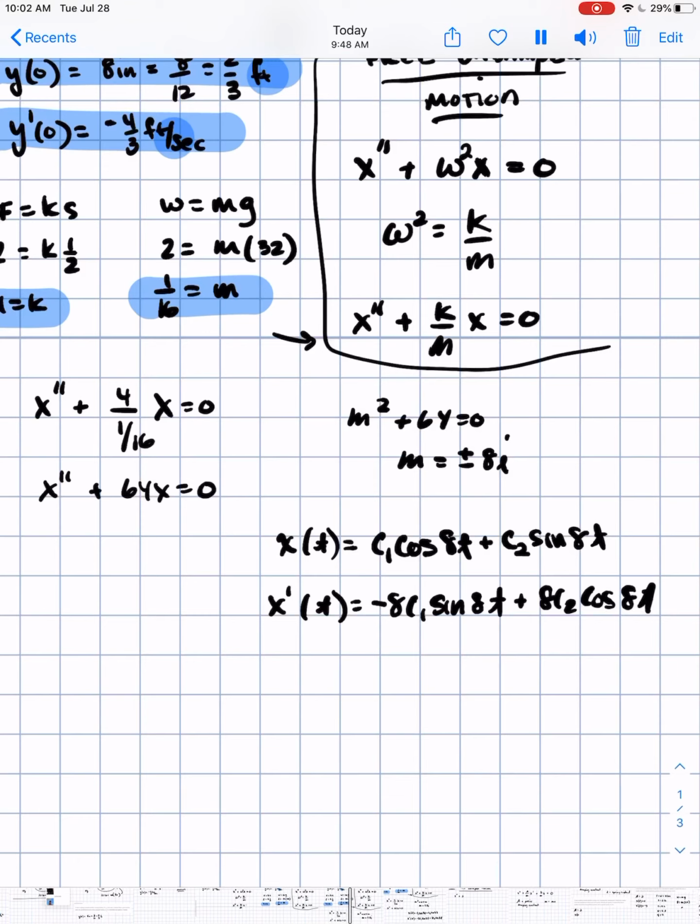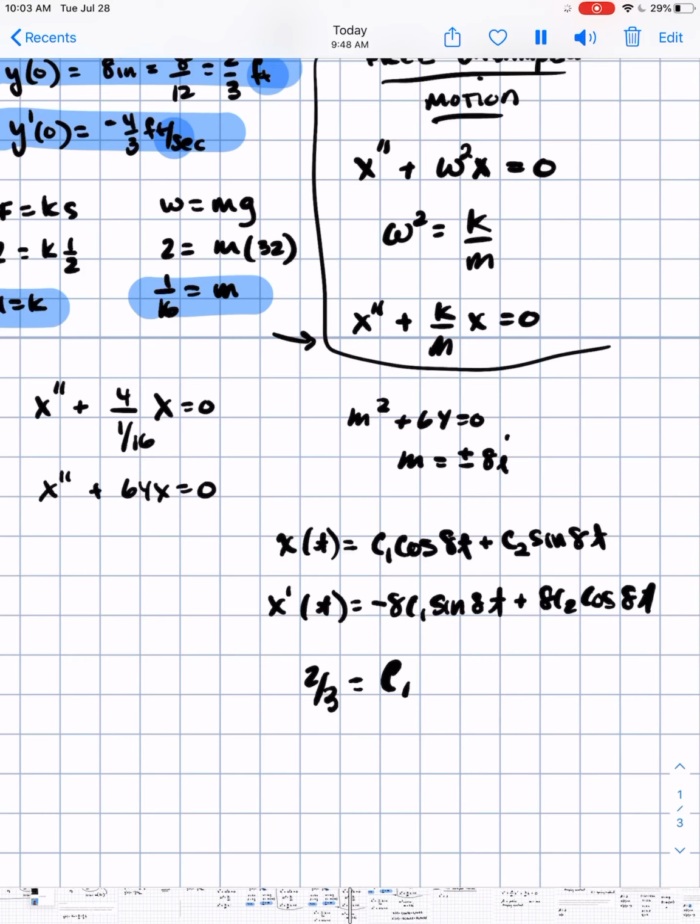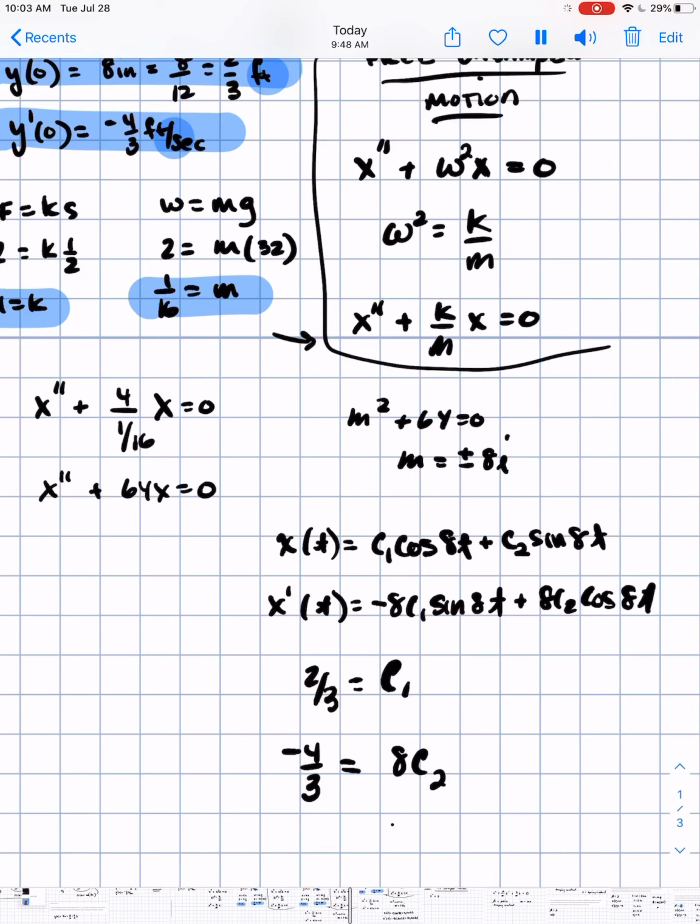Since the initial value is starting 2/3 away from equilibrium, I get 2/3 equals c1. Then plugging in the velocity, I get negative 4/3 equals 8c2, so c2 has to be negative 1/6.